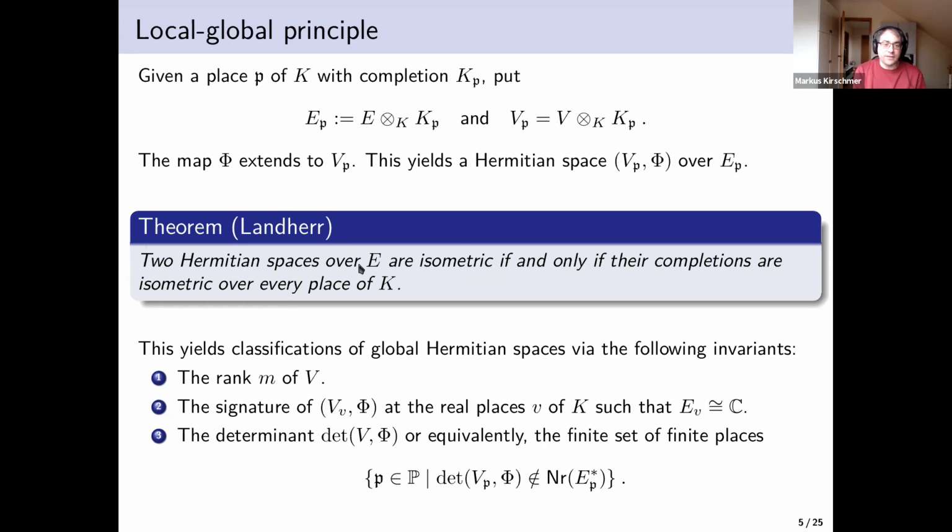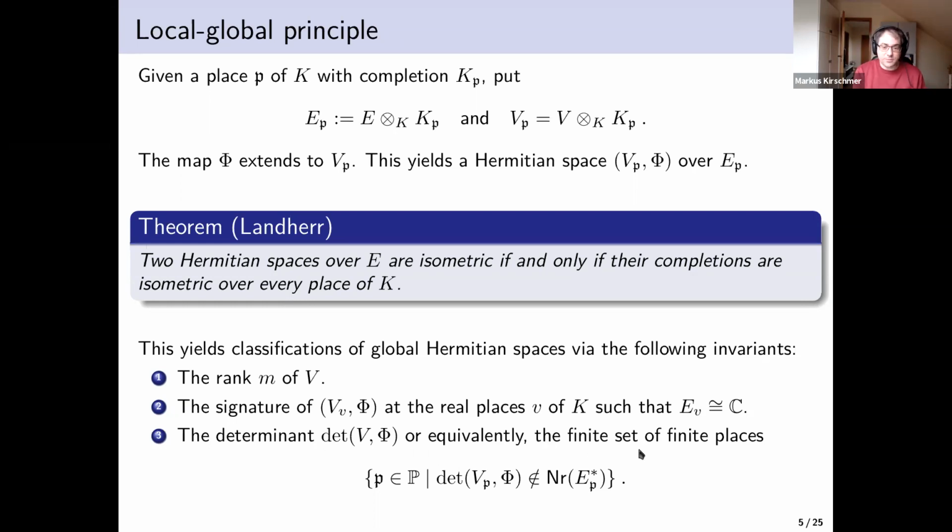And using these invariants, we come up with a complete classification of the Hermitian spaces over K, or over E, whatever you like. Namely, the first invariant is the rank. So that's the dimension of V over E. Then the signature at all the real places, where the completion of E at that place is the complex field, just like in linear algebra.